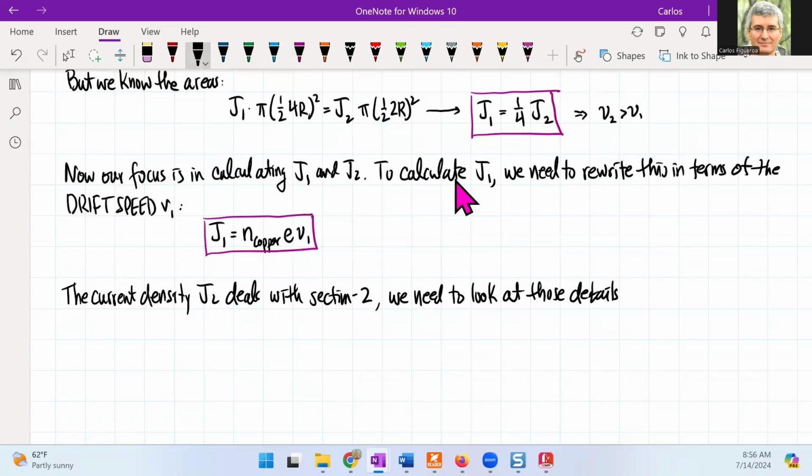So when I look at this, I have my wire. Okay, so here's my wire, and this is fixed in length.